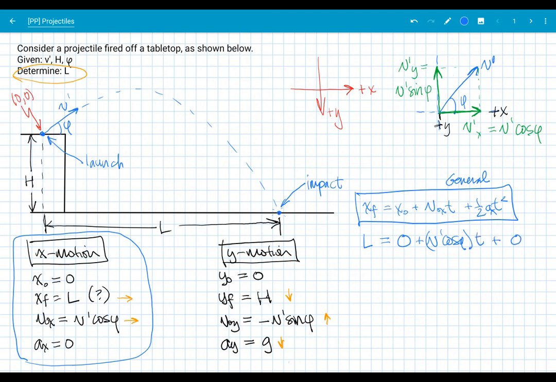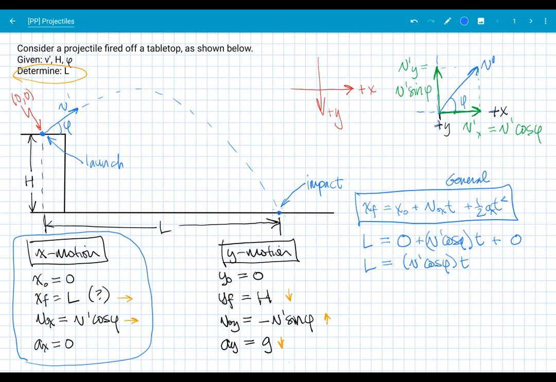That last term is 0 because a sub x is equal to 0. So I'm left with L is equal to V prime cosine(phi) times t. I'm careful with those parens because I don't want to smush the phi and t together and make it look like the argument of the cosine is phi t, right? So be careful about that when you're using trig functions.